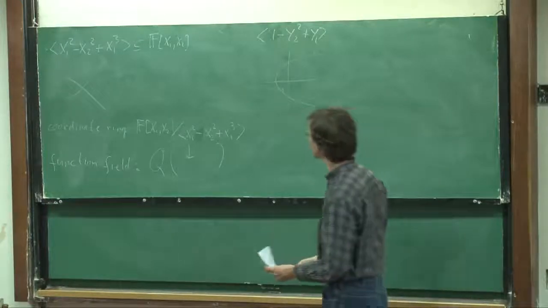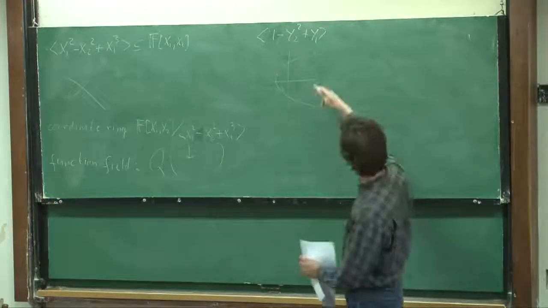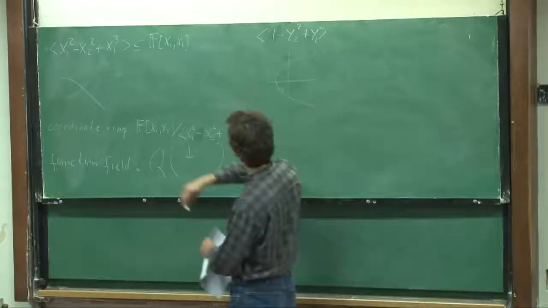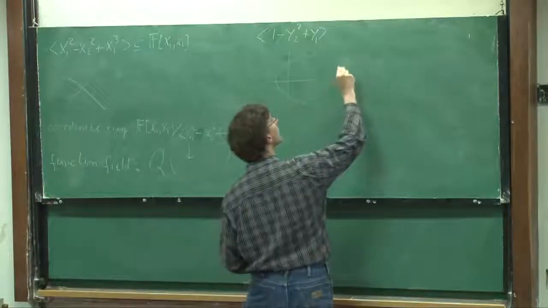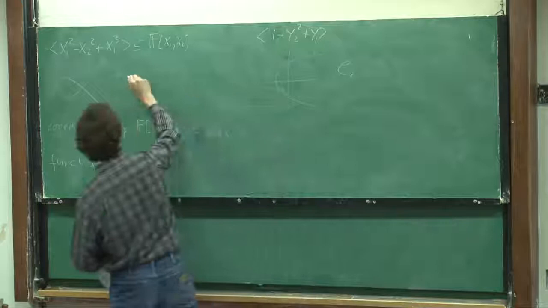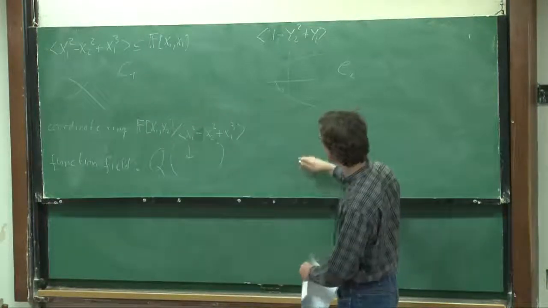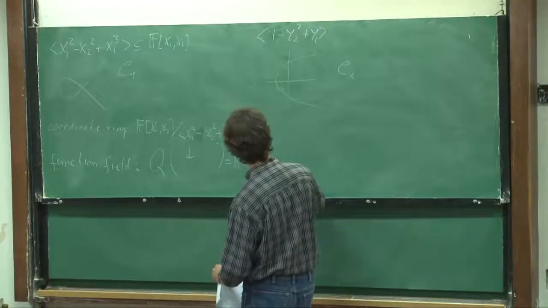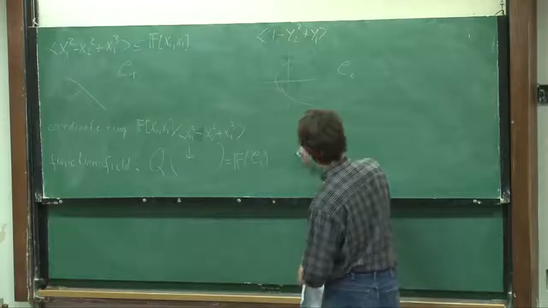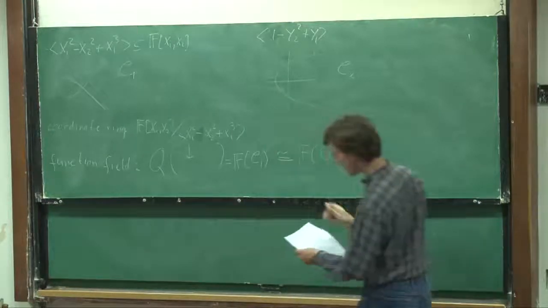And it turns out that the function field is the same. So let us call this curve C2, this curve we call C1. Then the function field down here, let me abbreviate this as F(C1). And here I would get another function field, and they are actually the same.